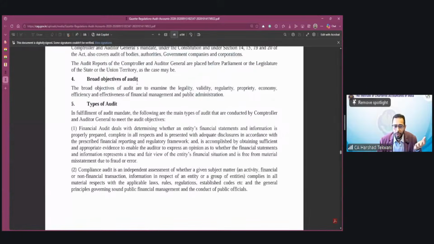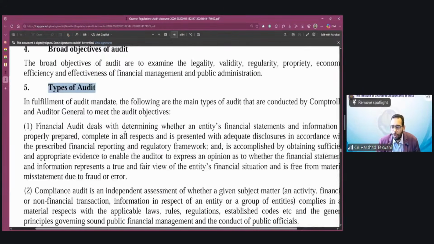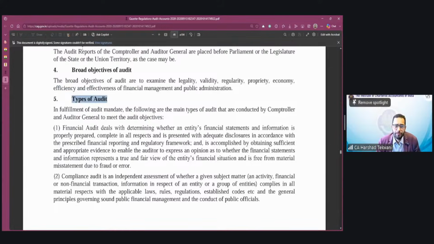Okay, the mandate, from where the mandate for the audit comes, the broad objectives of the audit, and the types of audit done by CNAG, and that's where a very important point comes into the picture. The first type of audit that we need to understand, which is done by the CNAG, is the financial audit.